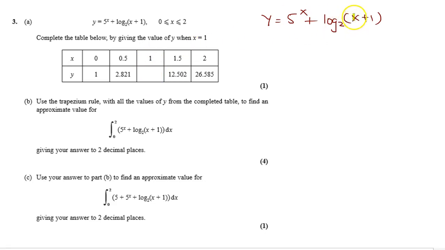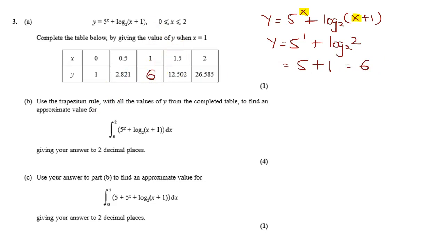So the y will be 5 power 1 plus log base 2 of (1 plus 1), which is 2. That is 5 plus log 2 base 2, which is 1. So this value of y will be 6. That's the first part.